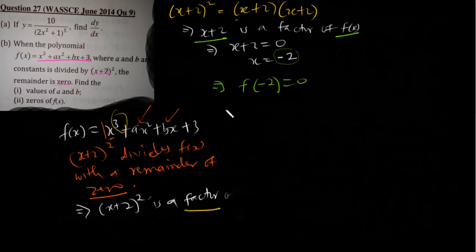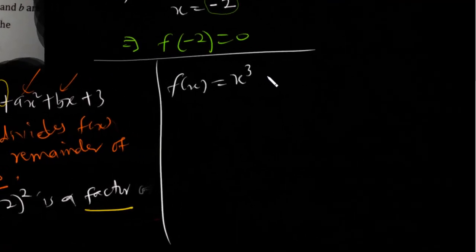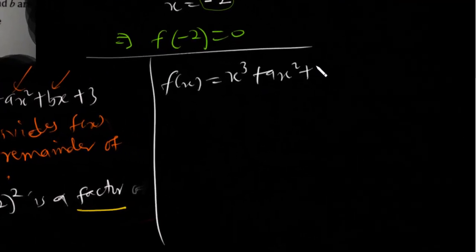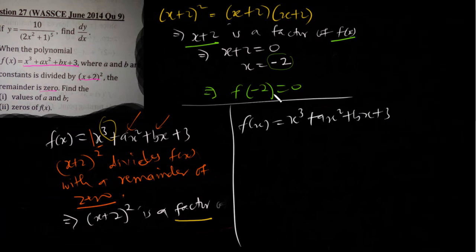Alright, so now let us try to solve this. This should be simple. This is the function we have been given. We are told that f of x equals x cubed plus a x squared plus b x plus 3. Now we are saying that f of negative 2 equals 0. So where we see x, we put negative 2.